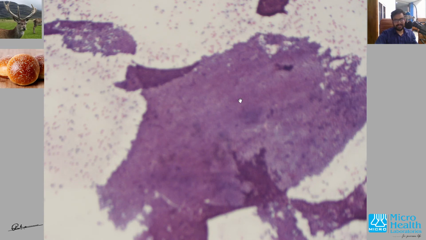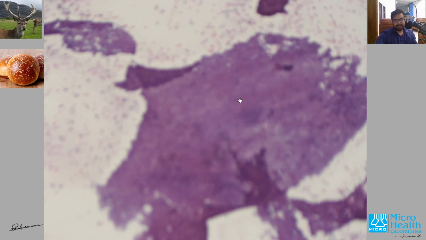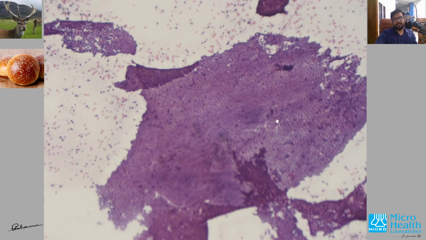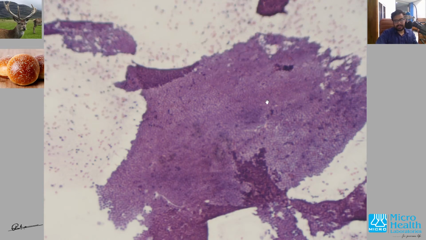Focusing takes a little time. There's a lag, inevitable and frustrating at least, but no other way out. Okay, so it's almost focused. So this is a sheet kind of structure, very different from the antler appearance we just saw.